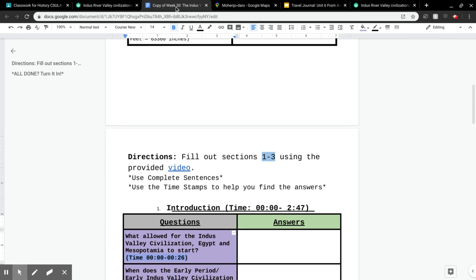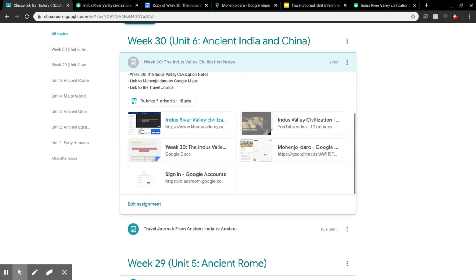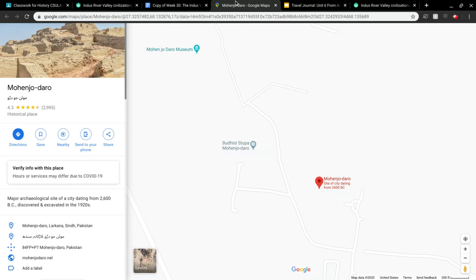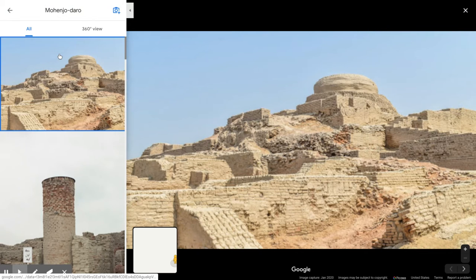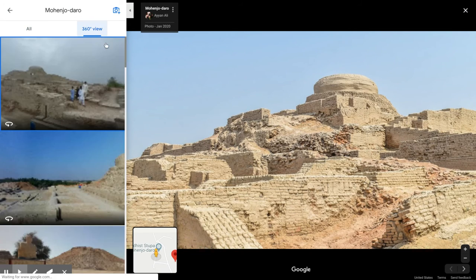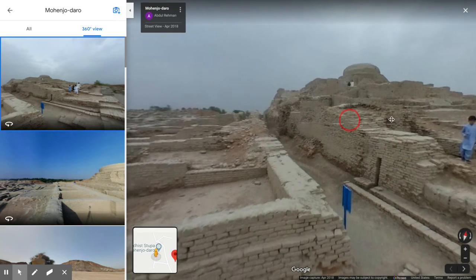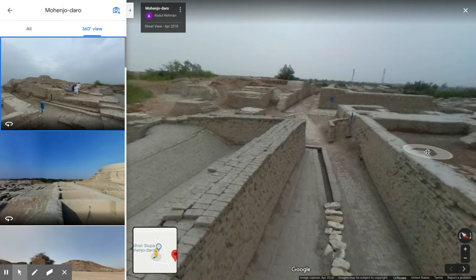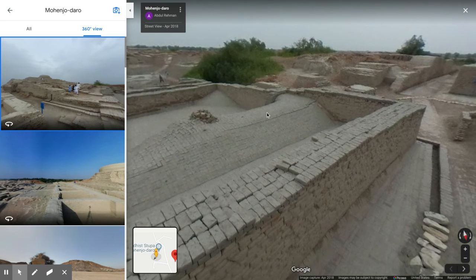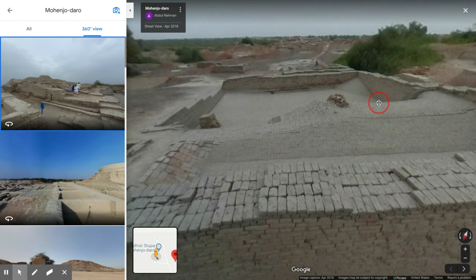Now, some of the other stuff that I added in for you, here we have Mohenjo-Daro. So if you click on the picture and you click on the 360 view, you can actually look at the site that they're talking about. Mohenjo-Daro is the name of the city where the Indus Valley Civilization is now.